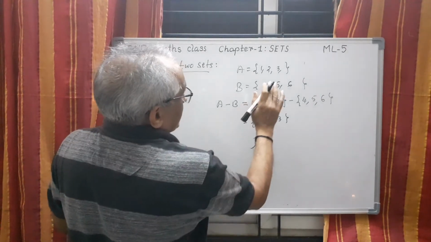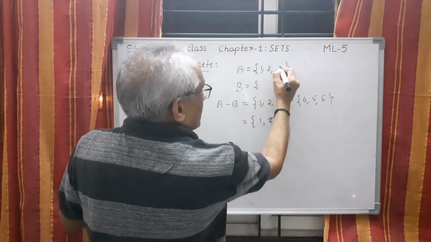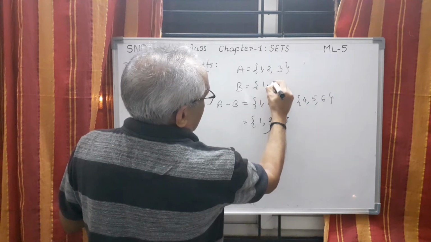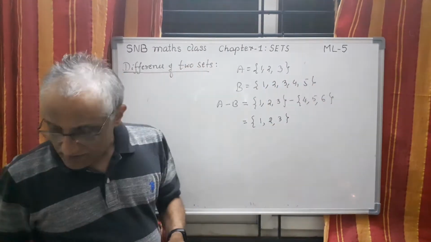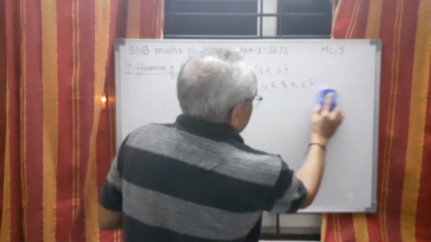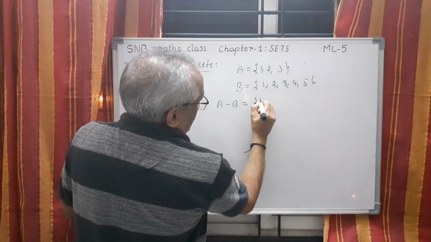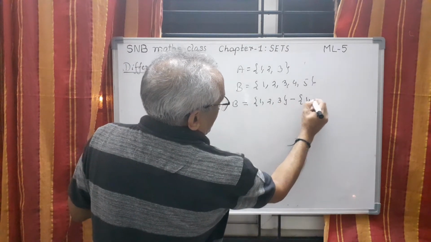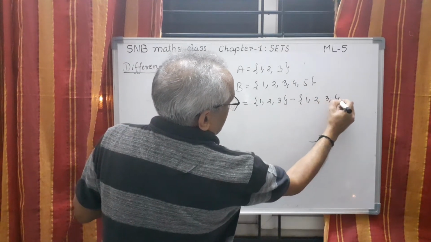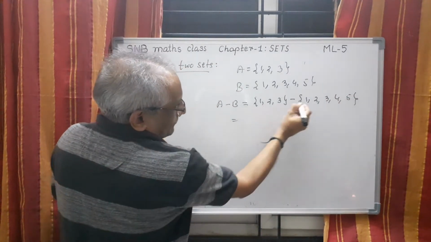Similarly, suppose you take 1, 2, 3 here. Let me change it: B is 1, 2, 3, 4, 5. So now here 1, 2, 3, then minus 1, 2, 3, 4, 5. 1 is here, 1 is here.